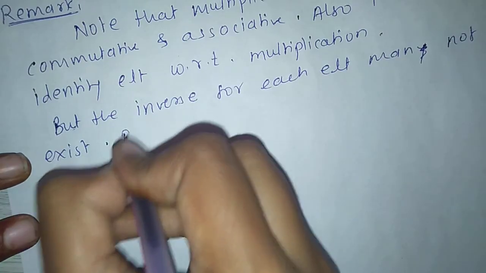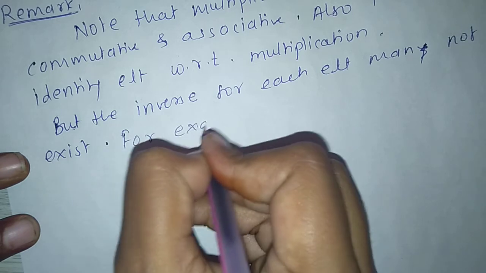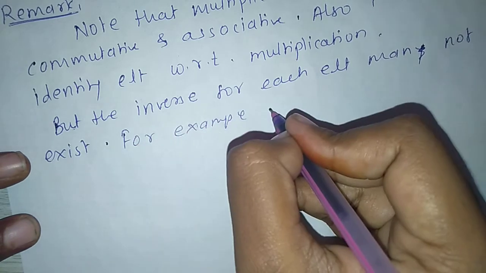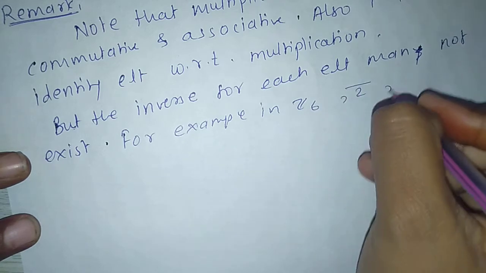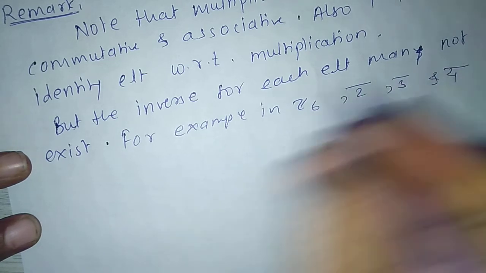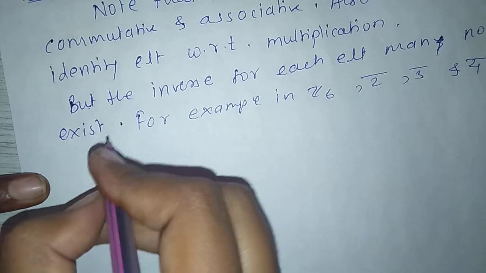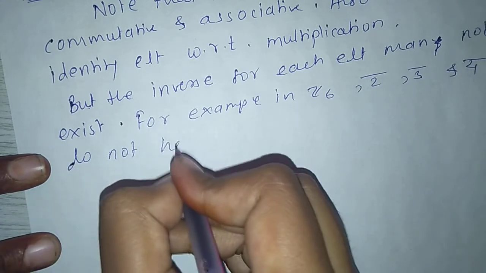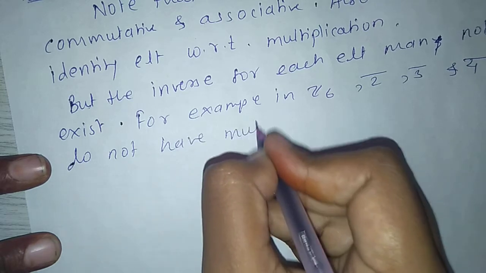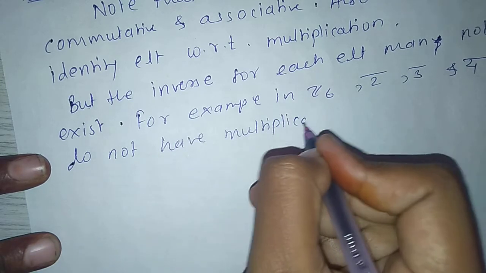For example, in Z6, 2 bar, 3 bar and 4 bar do not have multiplicative inverse.